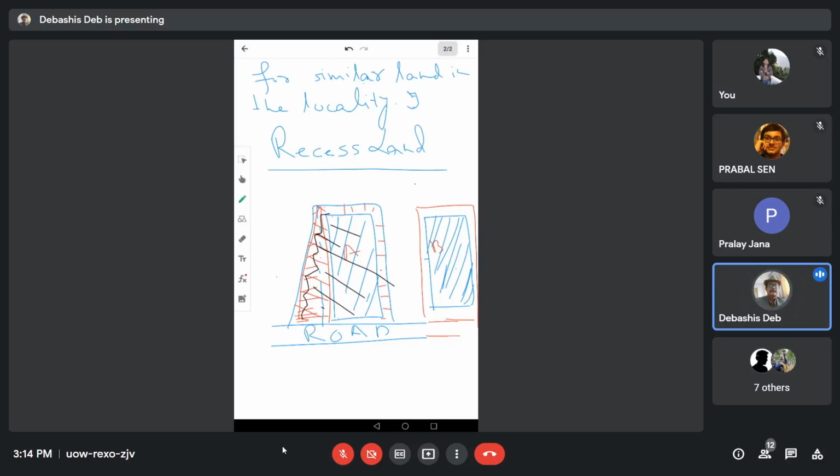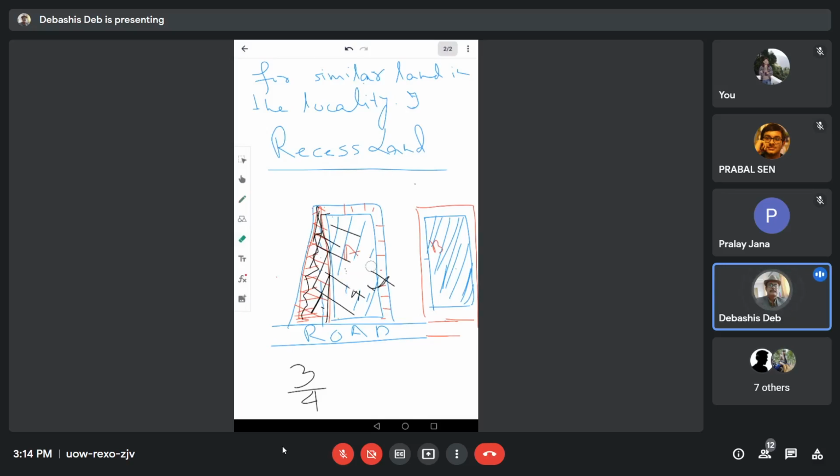Okay. So for these particular cases, the tax collection authority, because valuation is totally dependent upon the tax collection authority, and there are so many purposes of valuation, the most important purpose is wealth tax and property tax. So they have given some discount: you can consider this triangle portion as recess land, and the value of the recess land will be three-fourth the value of the original land.